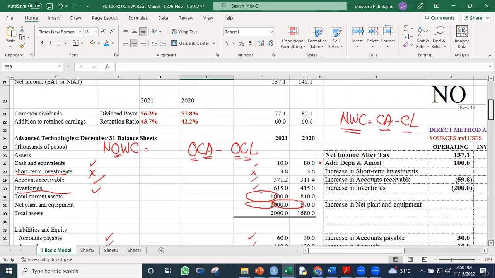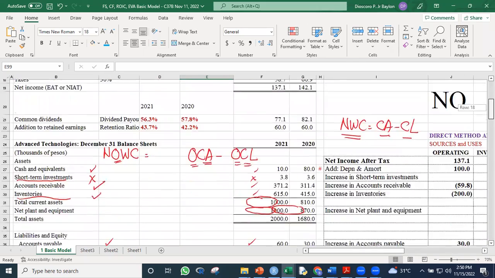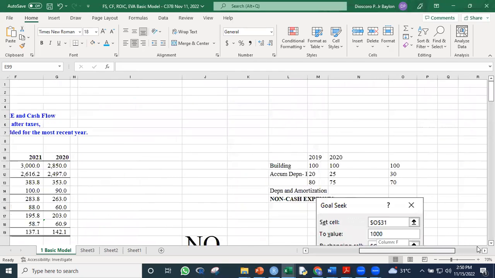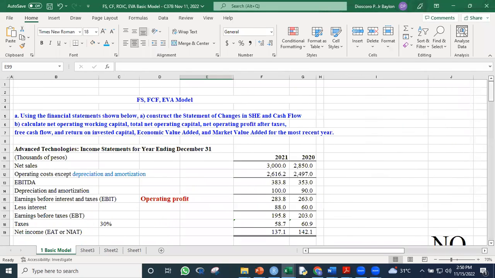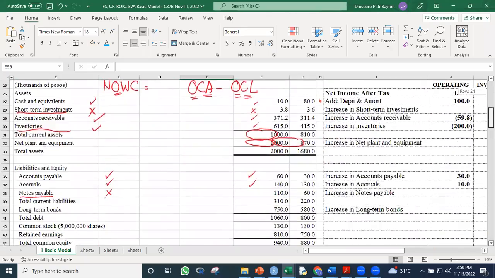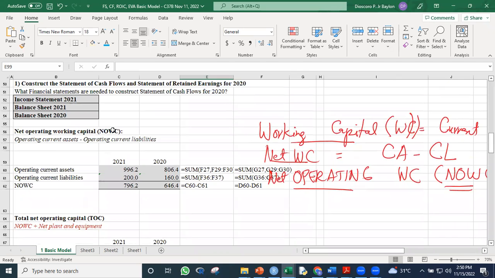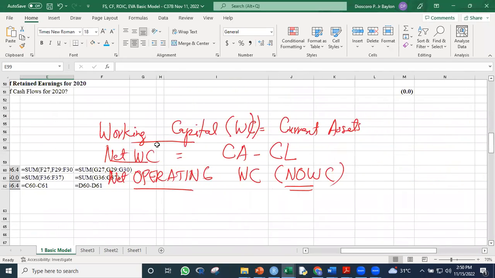So after that, we computed some of the metrics that we'll be using, which are NOWC. Quick review: when we say working capital, it usually represents the current assets of the firm, and net working capital will be the difference between your current assets and your current liabilities.